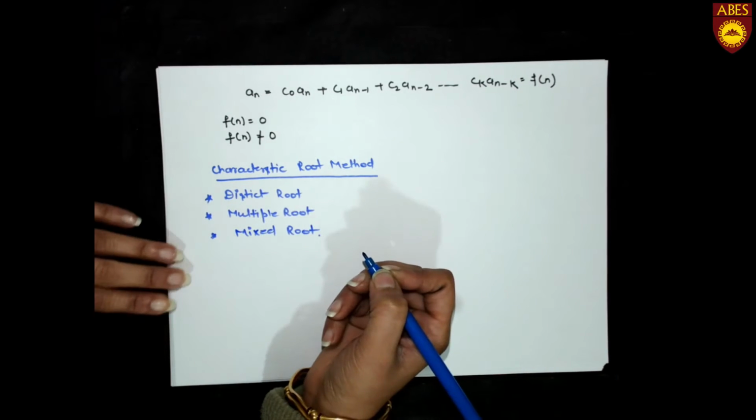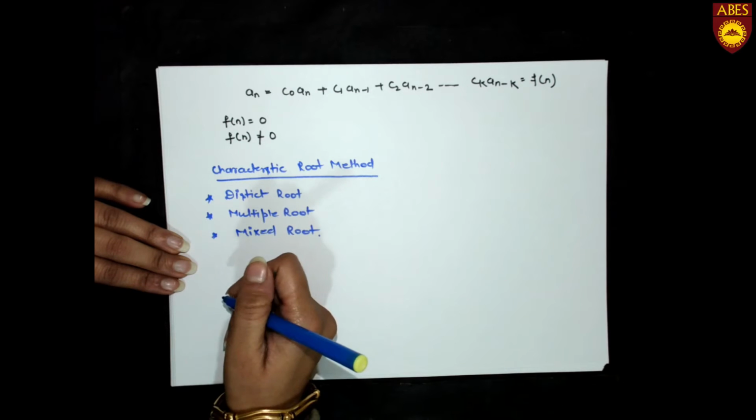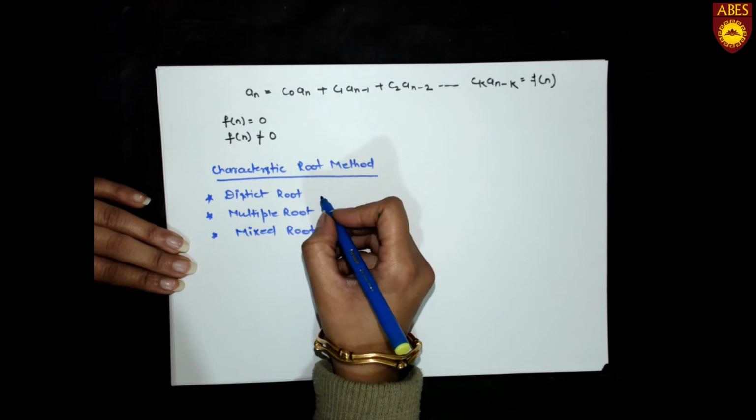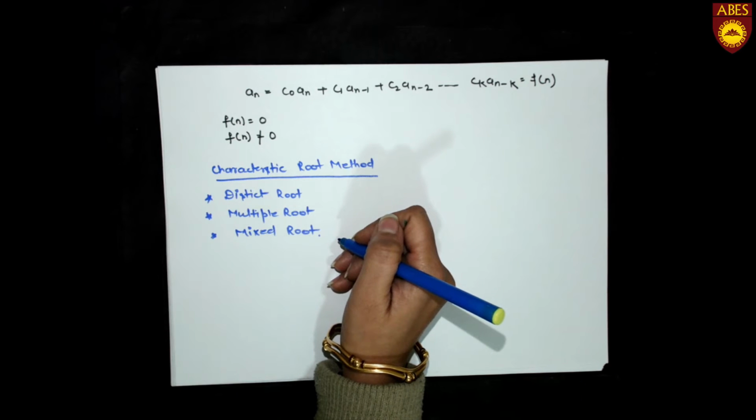These are the methods for homogeneous recurrence relation, and this is the characteristic root. You will get the roots like distinct roots, multiple roots, and mixed roots.